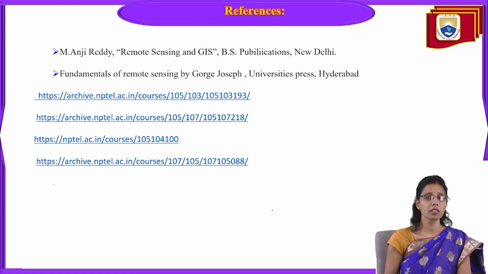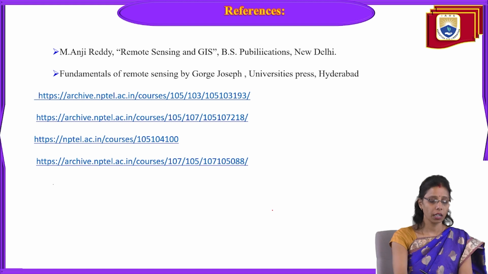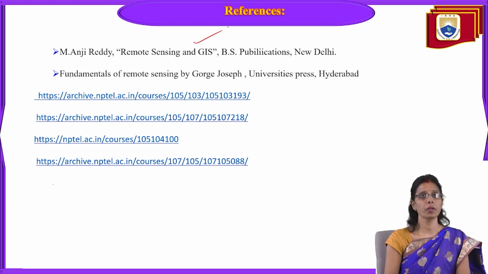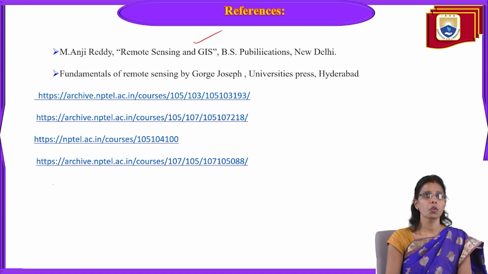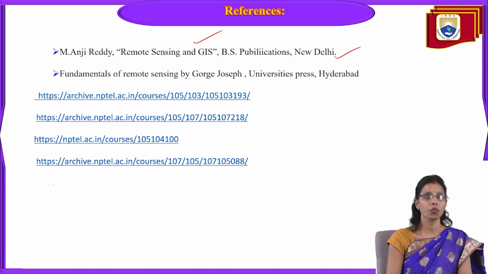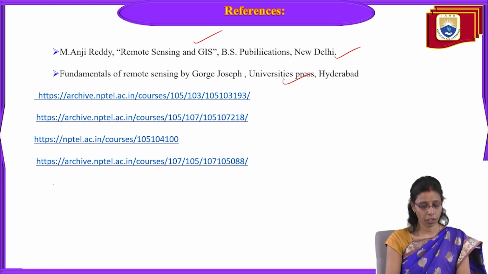Now these are the references. I hope you understood how we can measure the height of the object with the help of the stereoscopic parallax. These are the few references we have. That is M. Anji Reddy, Remote Sensing and GIS from BS Publications, New Delhi. This is a very good book where you can find the content and go through it. The other one is Fundamentals of Remote Sensing by George Joseph, from Universities Press, Hyderabad.